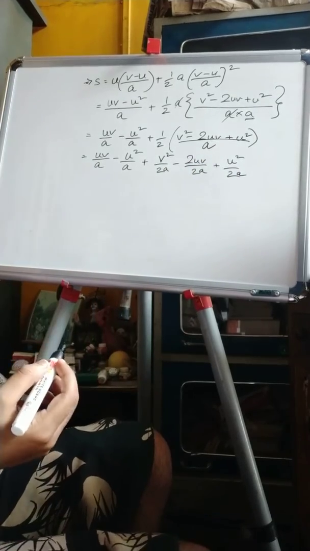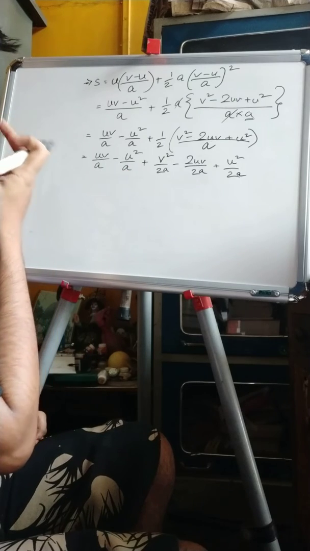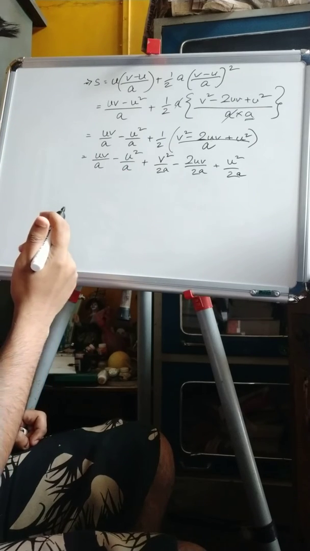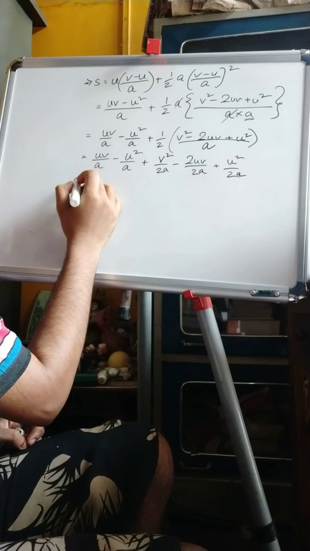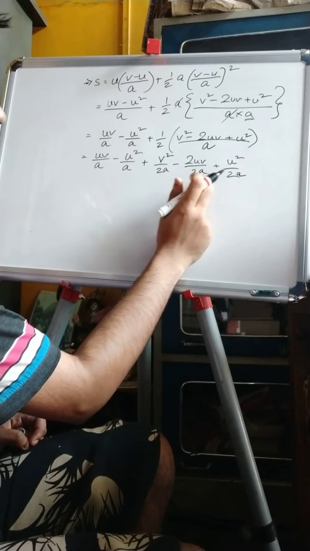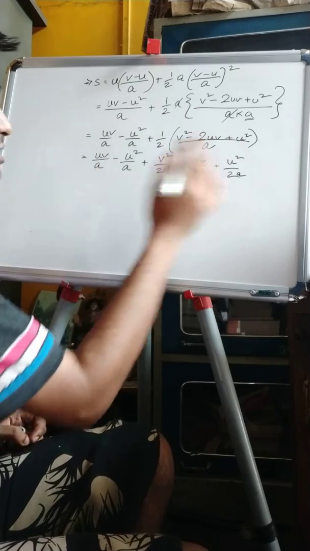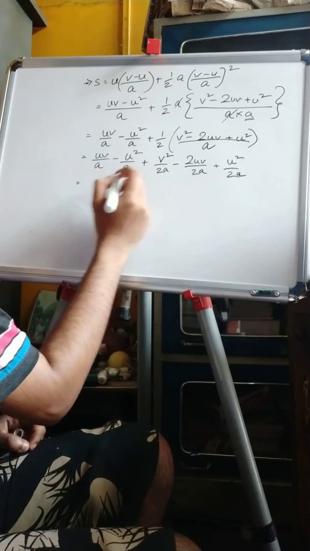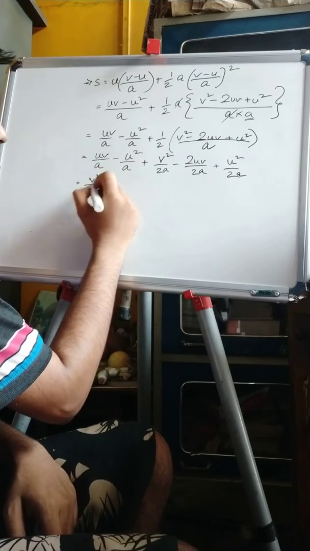Now see, how can we calculate it accordingly? We will take v square, uv and u square separately. We will just separate them. See, v square by twice a we can keep.